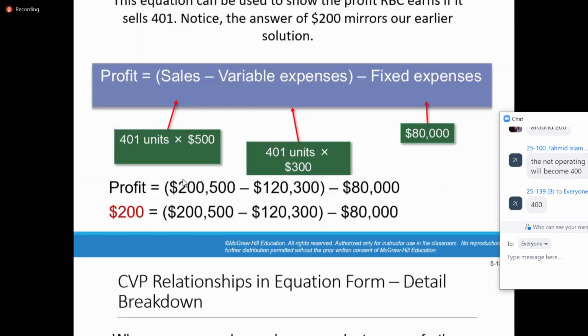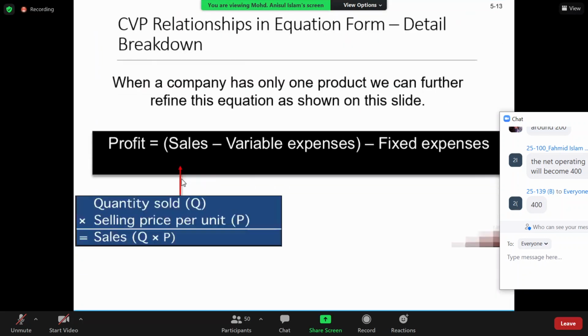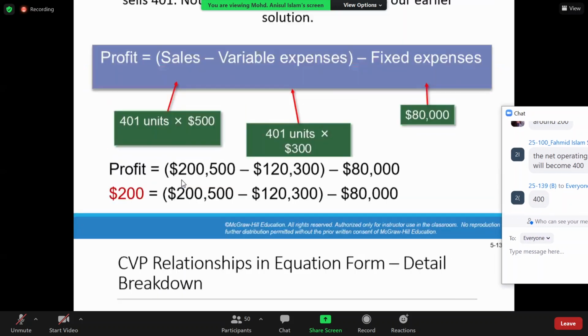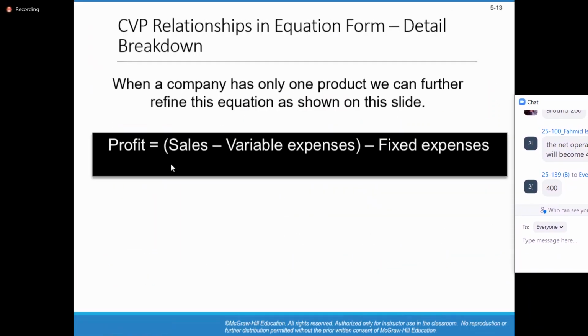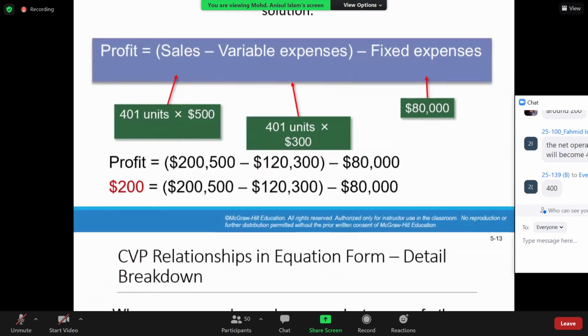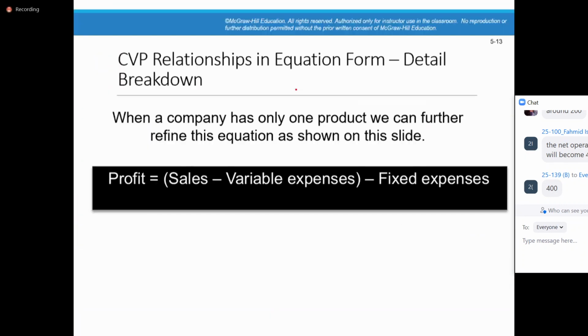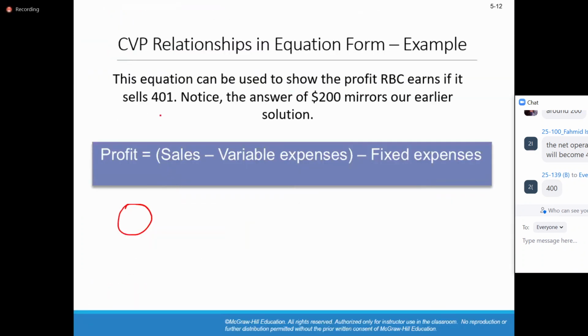So if we multiply this by 500 per unit, we get the total sales. Okay. It is moving automatically. For a single click, there is a problem in the transition. Okay. So if our sales unit is 401, we can write 401 multiplied by, okay, it would be appropriate if we write the 500 selling price beginning here.